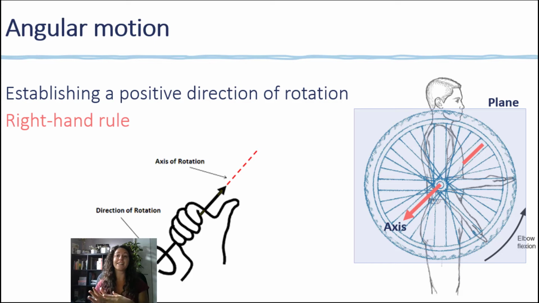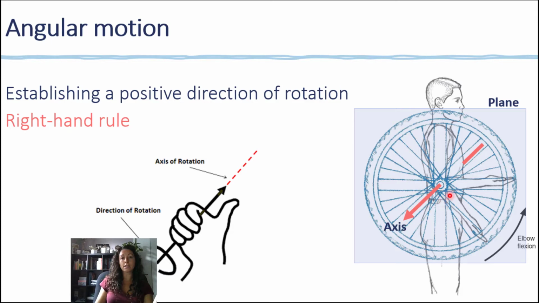Thankfully, there are other ways to describe the direction. So remember from the previous slide that I said that an axis of rotation is always perpendicular to the plane in which the motion occurs. Well, here you can think of the axis as being like the axle on a bicycle wheel, whereas the plane of motion is the spokes of the wheel. So all these little spokes here would represent the plane.